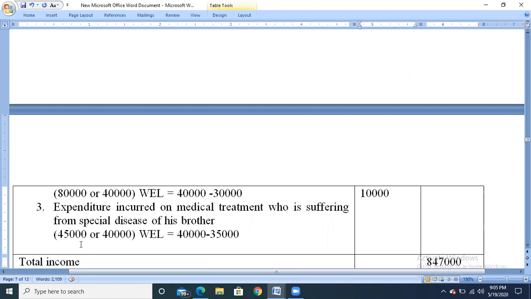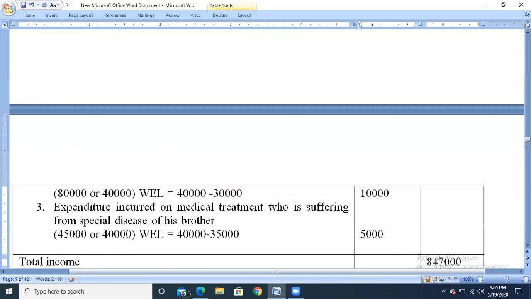So actual expenditure is 45,000, but maximum up to 40,000 they can claim, because he is a non-resident. So whichever is lesser, lesser value is 40,000, minus amount recovered from the insurance company, 35,000. The balance will be 5,000.